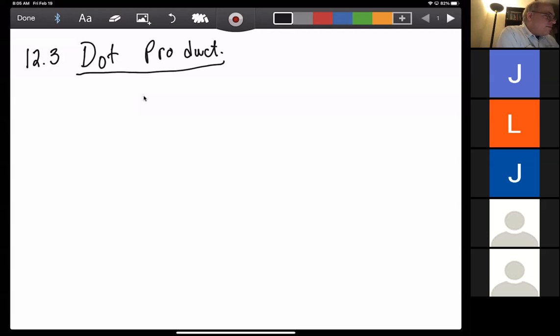And there are a few other versions of multiplication that can be defined with vectors. So 12.3 talks about the dot product. In 12.4, we'll see another type of product called the cross product.